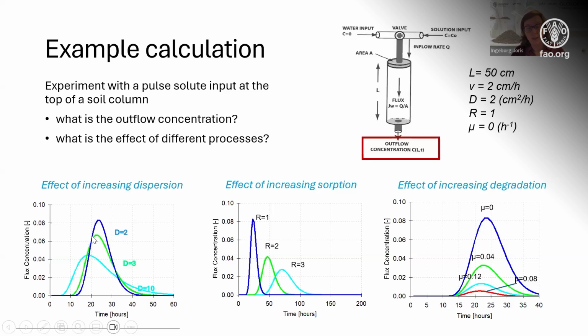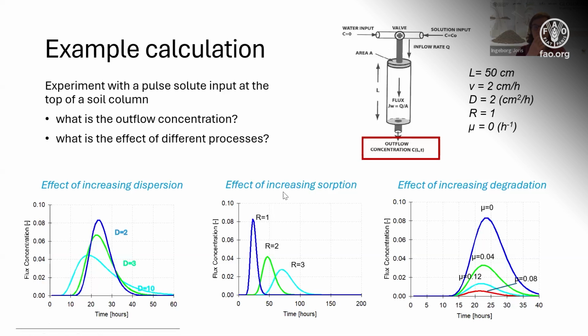You can see the green one with a dispersion coefficient of 3, or the light blue with a dispersion coefficient of 10. This means that the maximum concentration you find at the bottom of the column gets lower, you have more spreading out, and you also have a longer period of solutes arriving. So it gets lower and wider. That's what dispersion does.